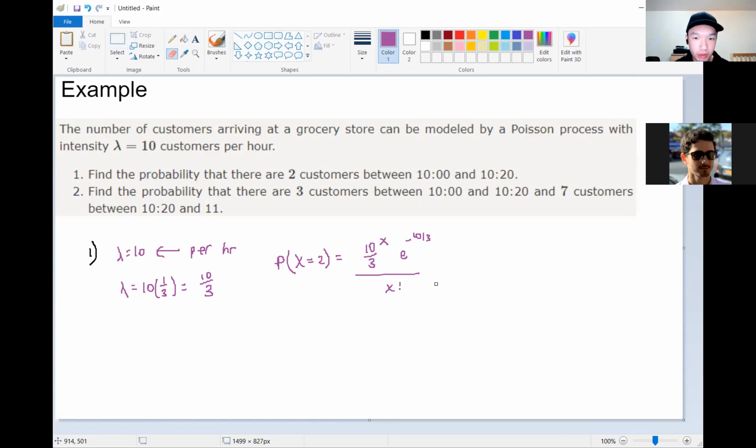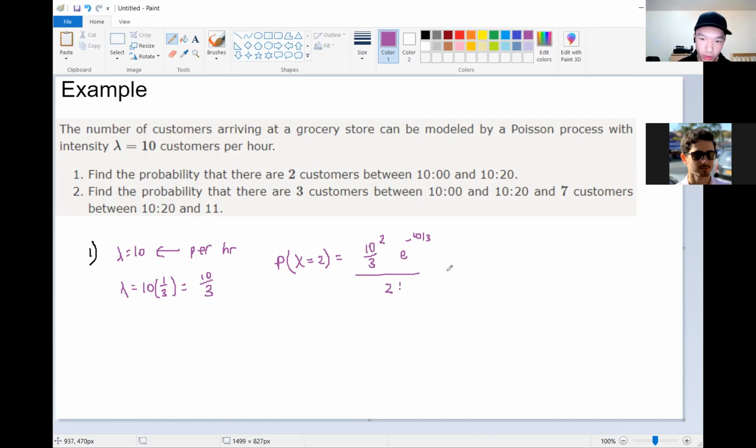So let me go ahead and replace that. 2 here, 2 here. Okay, and then use a calculator. Divided by 2.